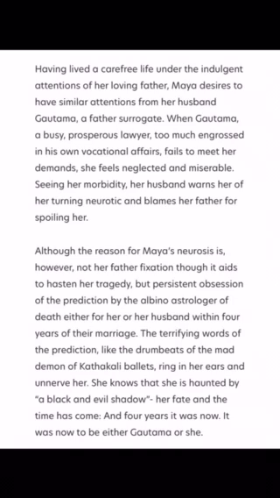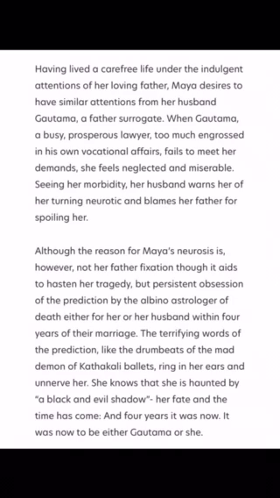So the prophecy repeatedly beats in her ears like the mad demon dance of Kathakali ballads, and it continuously rings in her ears, and that's why she becomes insane, and all these things make her unnerved. She knows that she is haunted by a black and evil shadow, the shadow of the prophecy. Her fate and the time has come.